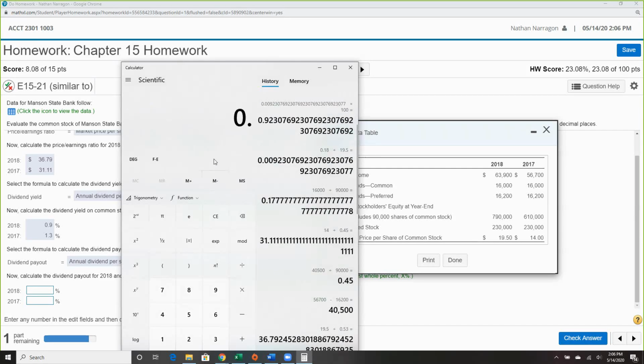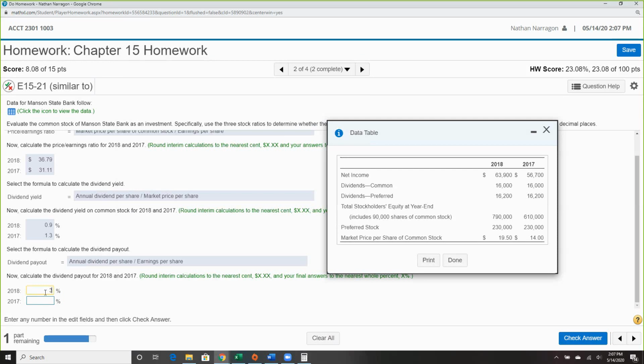So 0.18 divided by 53. We're looking at, again, percentage, times by 100. 33, basically 34%. There we go. Okay.